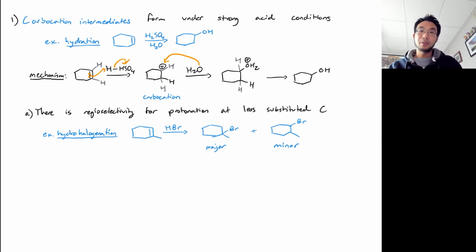And what we see when we do the reaction is that in terms of the products, there's a preference for putting the bromine on the more substituted carbon. And if we're looking at the CH2 up here, this is where the hydrogen goes, or that initial protonation goes. So that proton is going on the less substituted carbon. So we have a regioselectivity for a less substituted carbon when it comes to protonation.